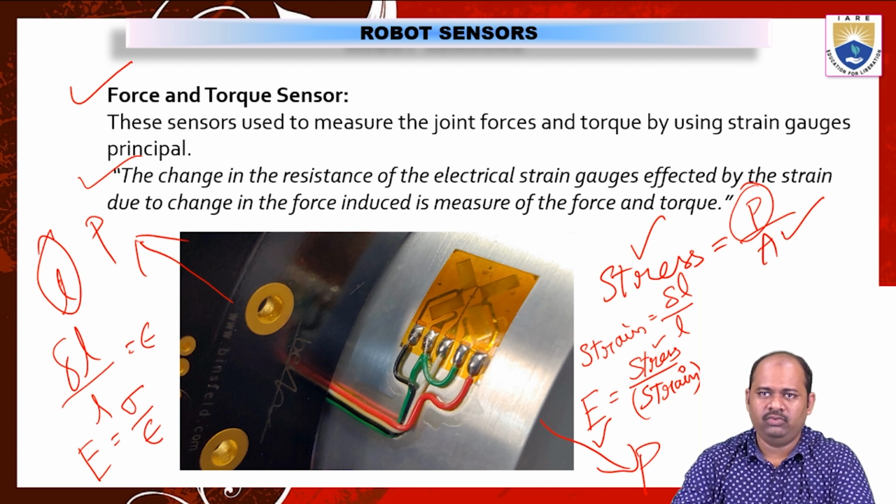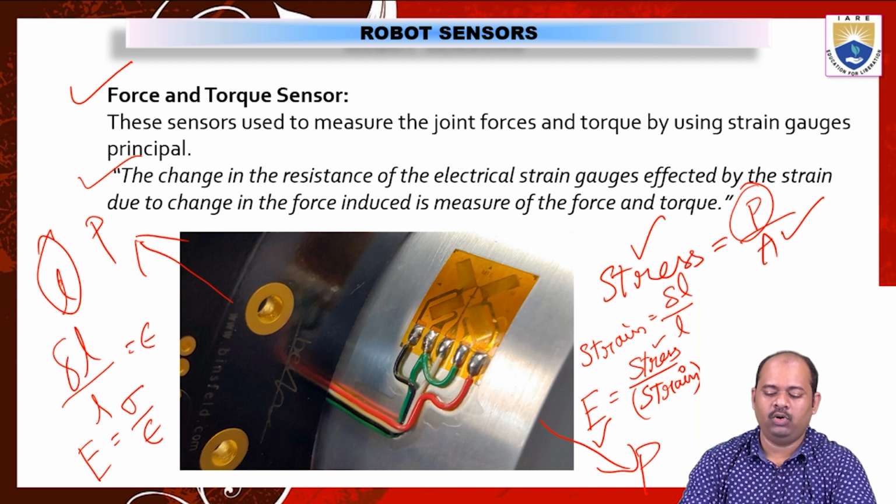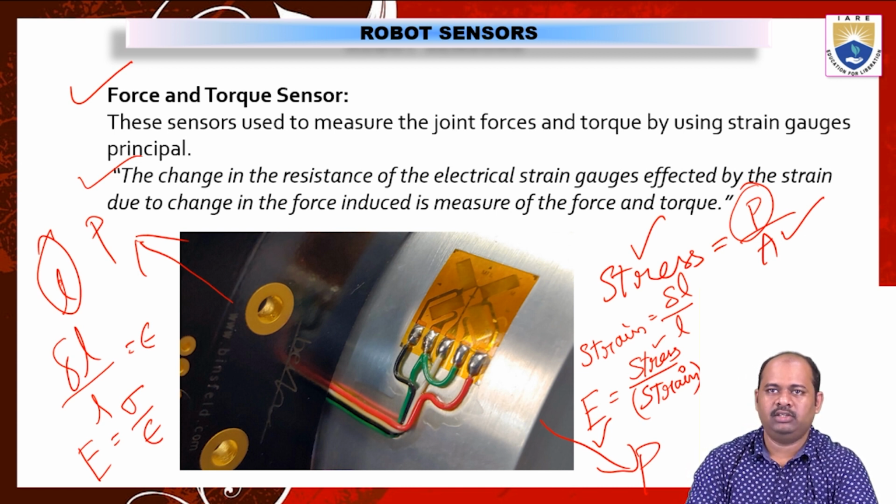How is the strain gauge affected? Because it is elongating, it is being deformed along with the main body. So due to the change in the force, we have applied some load on the body, and the strain gauge is also deforming along with the main body.